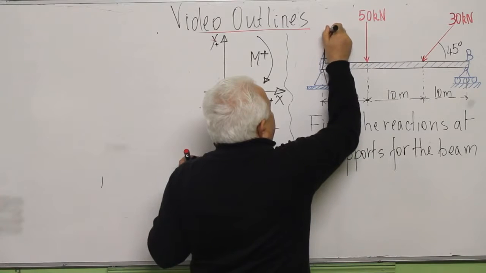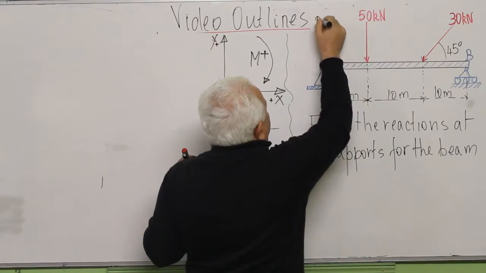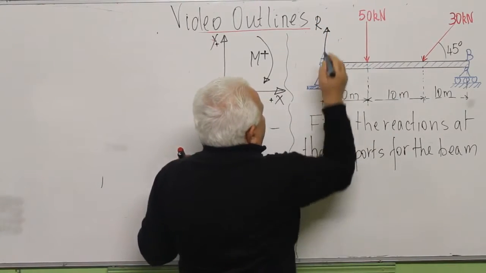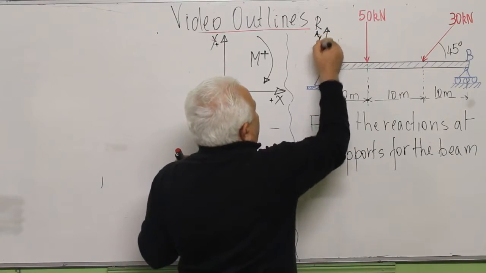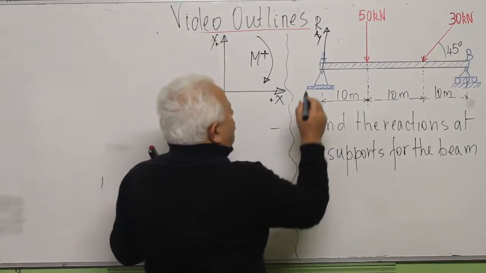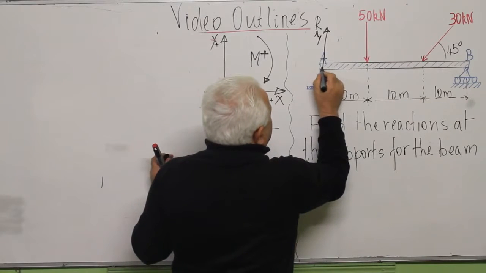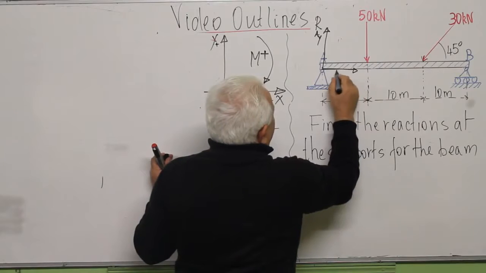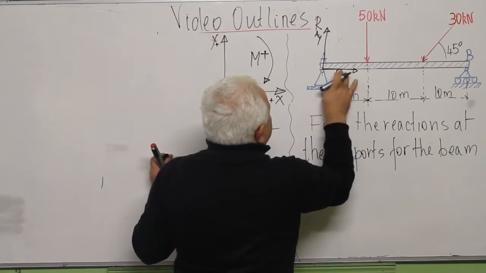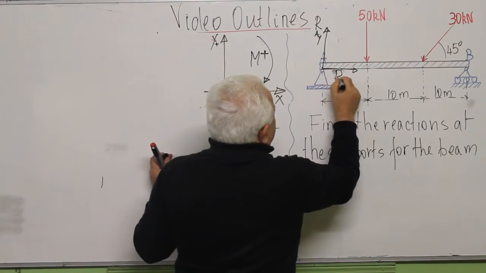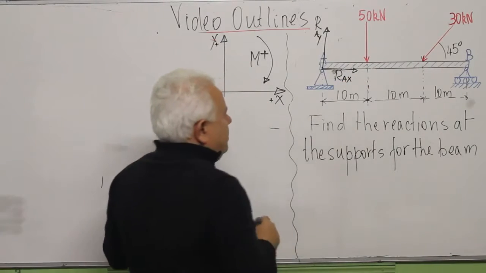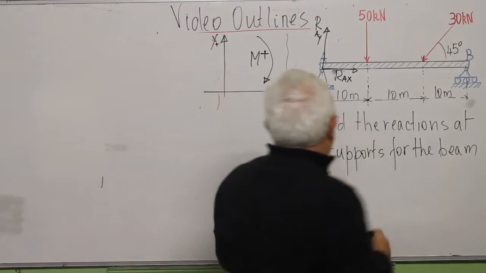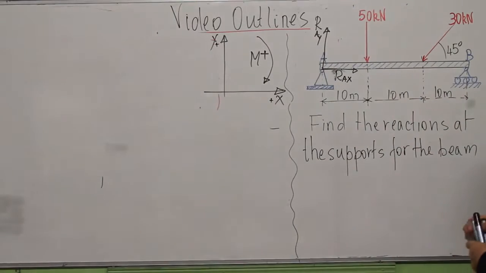So it will be R_A, but according to Y, and another component here, R_A along X, because we have a hinge, a pin.